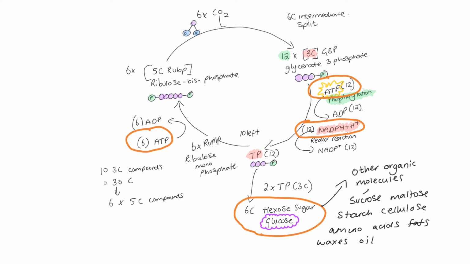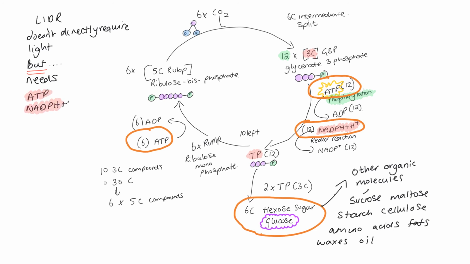It's pretty cool. So the light-independent stage doesn't directly require light, but it does need light, because in the absence of light, there will be no reduced NADP. There will be no ATP. And without those 2 things, you are unable to move from this second stage, from this G3P stage.